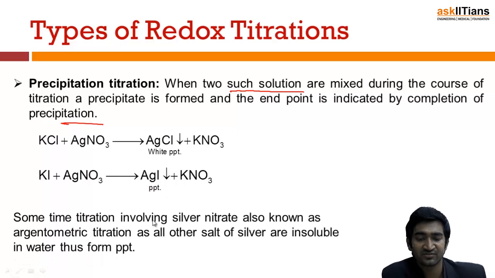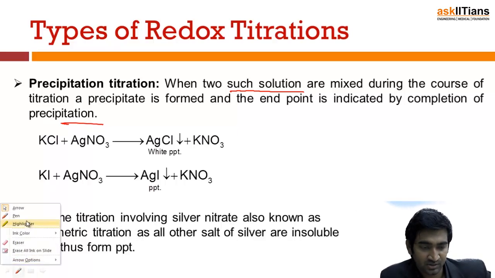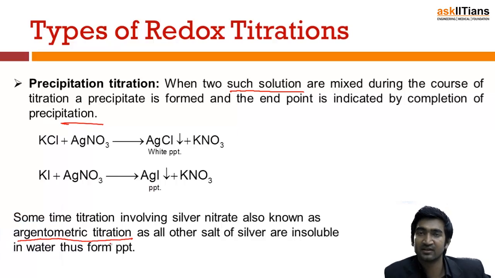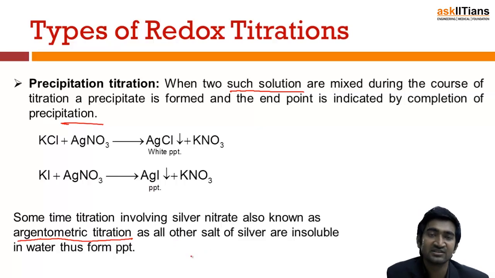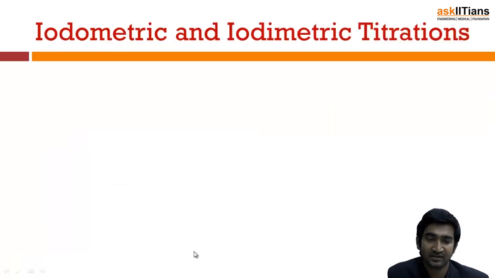Some titrations which involve silver nitrate are also known as argentometric titrations. You have to remember this word: argentometric titration. Ag is silver, argenta, because they form an insoluble precipitate.